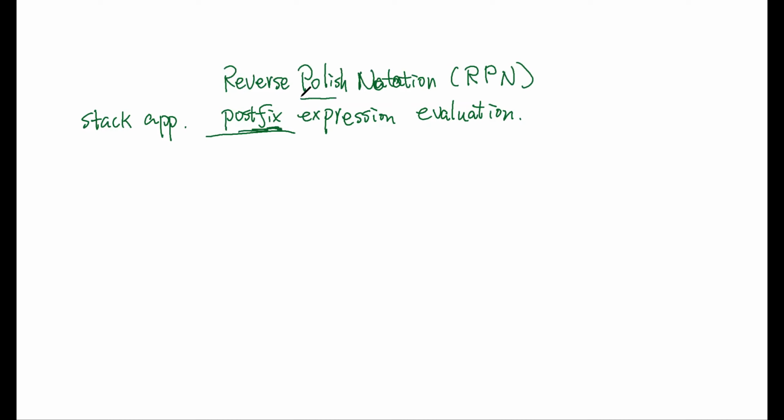And why do we say it's Polish? A lot of mathematical innovations are by Polish mathematicians, and this is also by one of the Polish mathematicians. So that's why we call it reverse Polish notation.